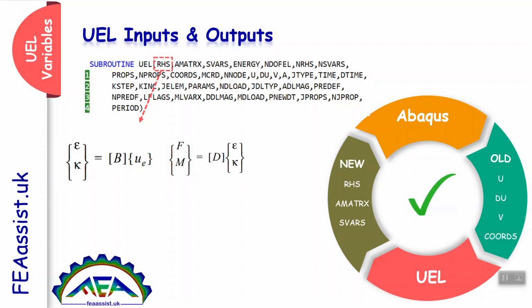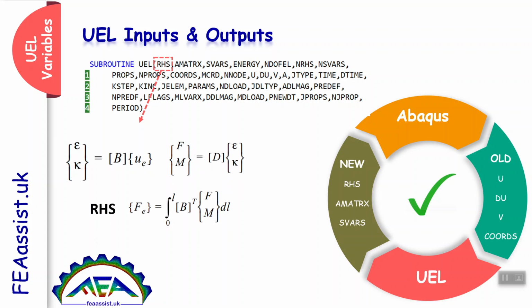D is E, Young's modulus, the elastic stiffness matrix. So this is the constitutive equation. Here we solve our problem by this method. So RHS is F, which, by combining these two equations, is the integration over the length, or area or volume, of the element of B transpose F dl.